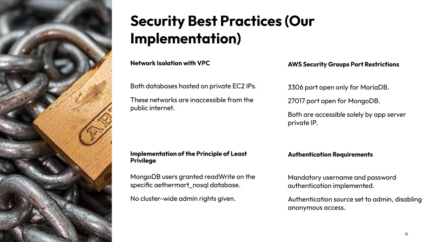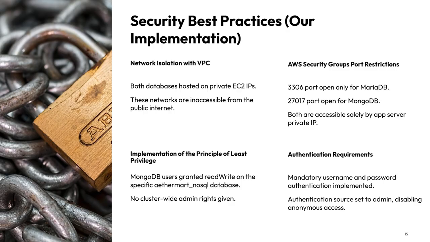We mitigated these risks with three best practices. Network isolation: we used a private IP address for all inter-EC2 communication, both MariaDB and MongoDB. No public IPs are used for backend connections. Security groups: we implemented strict firewall rules, only allowing inbound traffic on port 3306 for MariaDB and 27017 for MongoDB, only from the private IP of the application server.